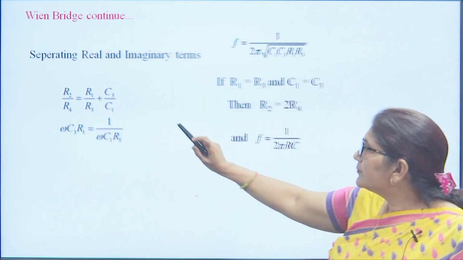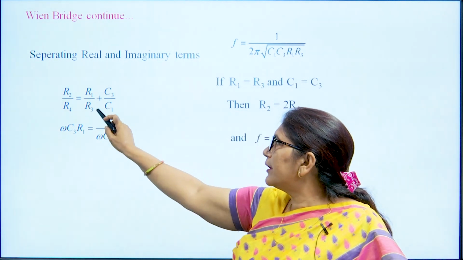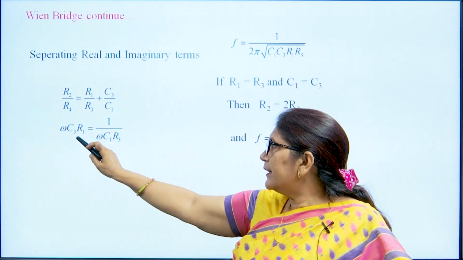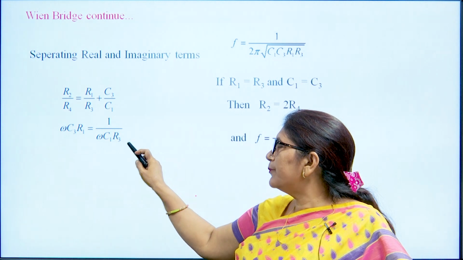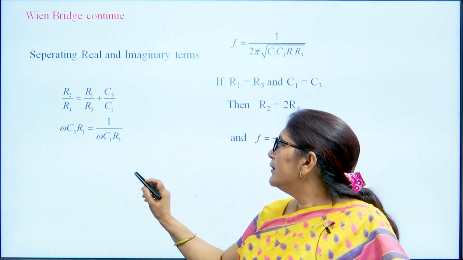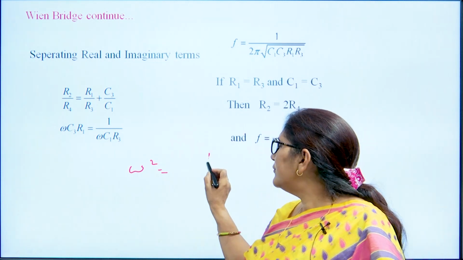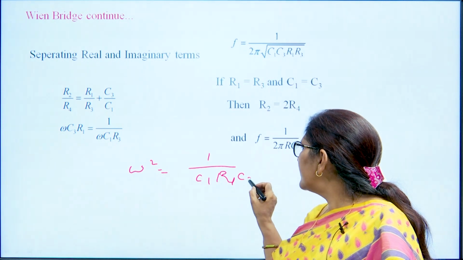Then by separating real and imaginary terms we get R2 by R4 is equal to R1 by R3 plus C3 by C1, and from the second term we get omega C3 R1 is equal to 1 by omega C1 R3. So, here we can find omega square is equal to 1 by C1 R1 C3 R3.